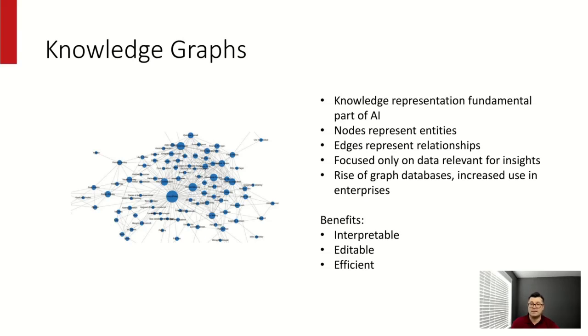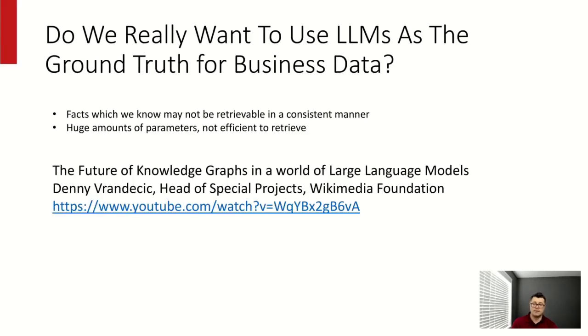So how does this come into play now? Well, first of all, this comes back to the GPT model. If we realize that it's capturing facts, as I mentioned already, the question that arises is: do we really want to use that to capture facts?